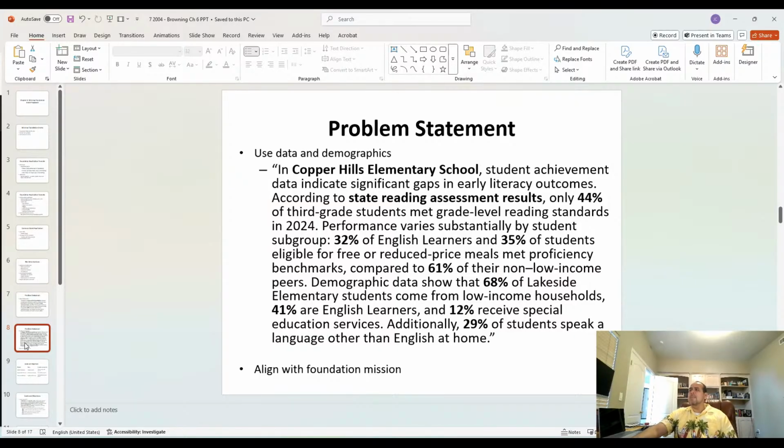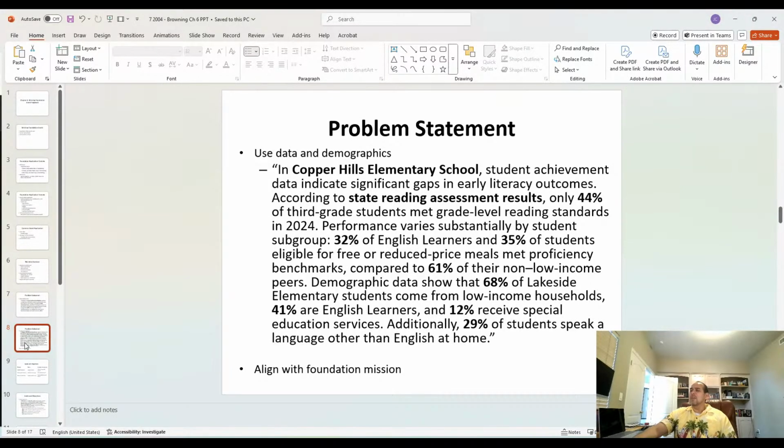Here's another example. In Copper Hills Elementary School, that's my daughter's school, student achievement data indicates significant gaps in early literacy outcomes, according to the state reading assessment results, which you'll cite. Only 44% of third graders met grade level reading standards in 2024. Performance varies substantially by student subgroup. 32% of English learners, 35% of students eligible for free and reduced lunch met proficiency benchmarks, compared to 61% of their non-low income peers.